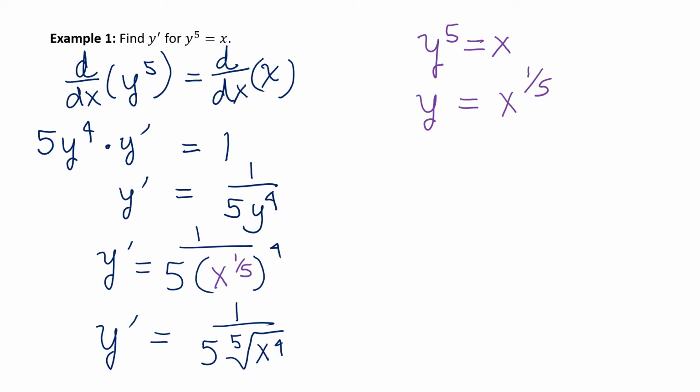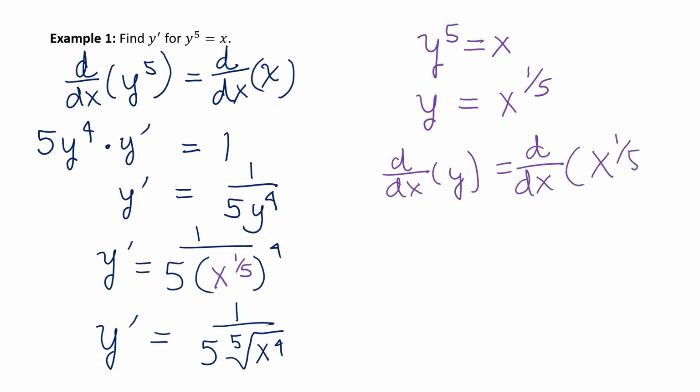Couldn't we have just done that directly? Let's see. Take the derivative of d dx of y, that's what we always do, or we have been doing, and d dx of x to the 1/5. The derivative of y is just y prime, and the derivative of x, bring the 1/5 down.